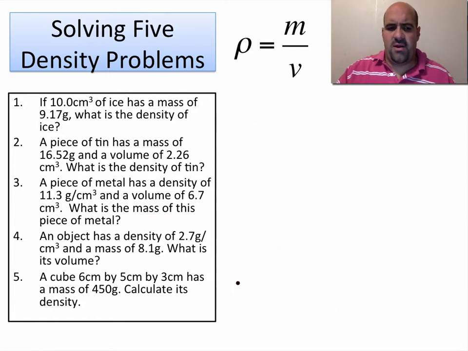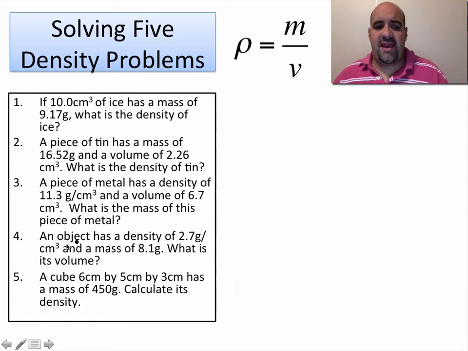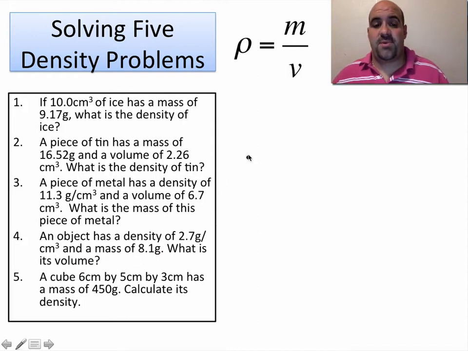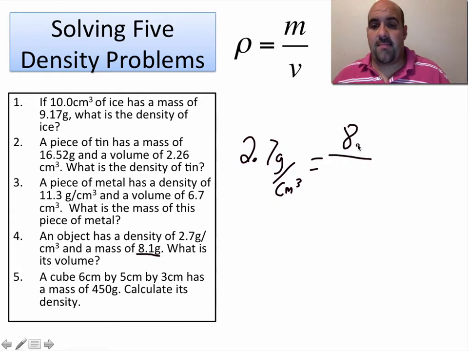The fourth one, we are again given a density value. An object has a density of 2.7 grams per centimeter cubed. And we are given a mass value. So we have to calculate the volume. So density, 2.7 grams per centimeter cubed equals the mass, which is 8.1 grams, divided by the volume.